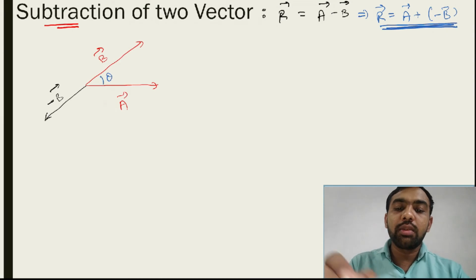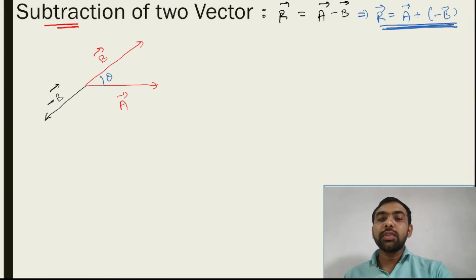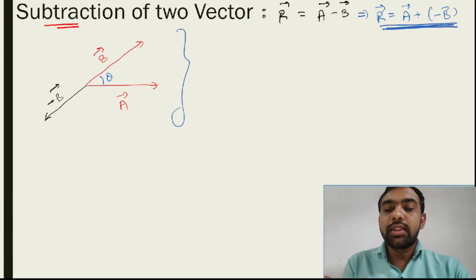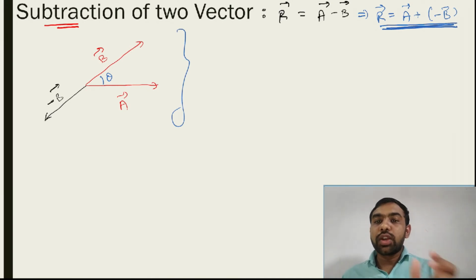If the angle between A and B is theta, then using this method you get the same answer, only you put one negative sign.